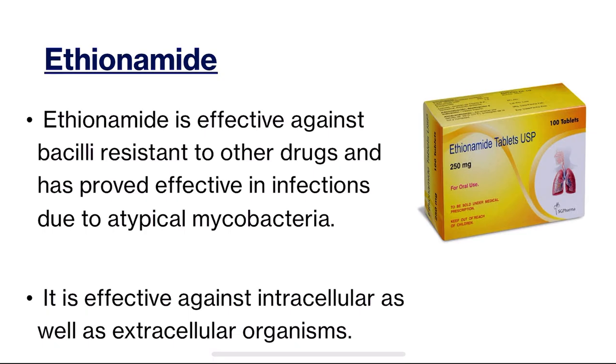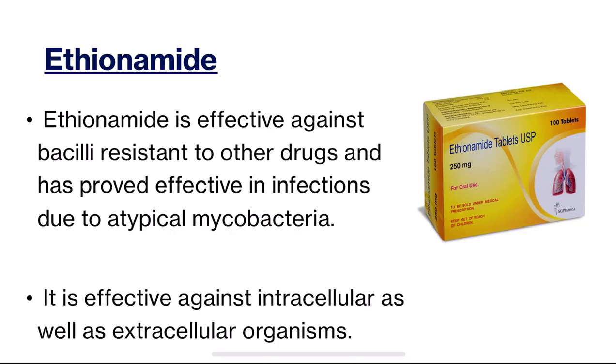Ethionamide is effective against the bacilli which are resistant to other drugs. It is proved effective in infections due to atypical mycobacteria. So certain infections are positive on the sputum smear, but the typical mycobacterium is not the causative factor. We have atypical mycobacteria.